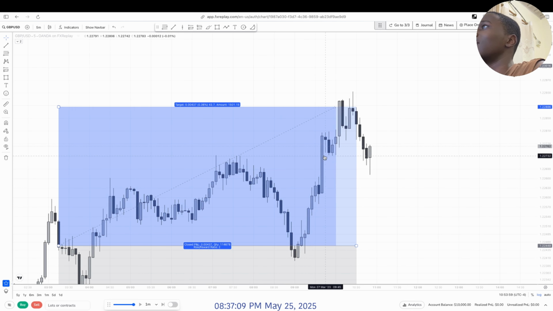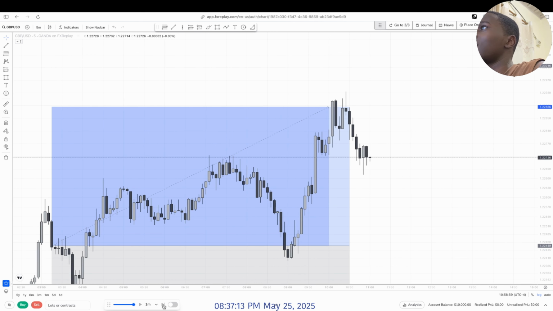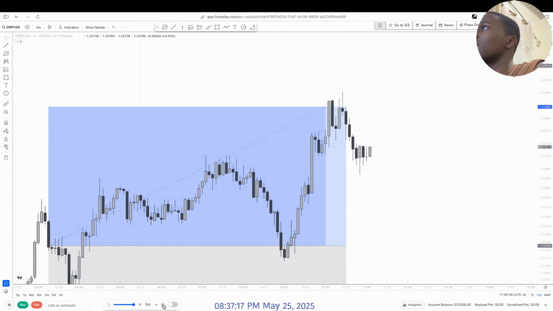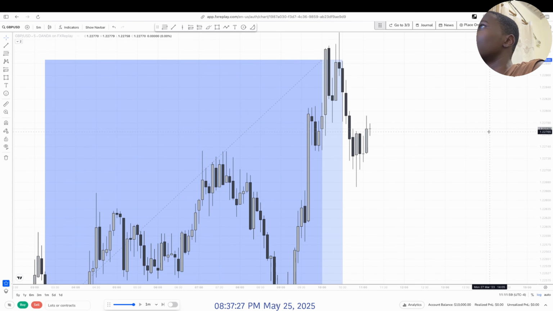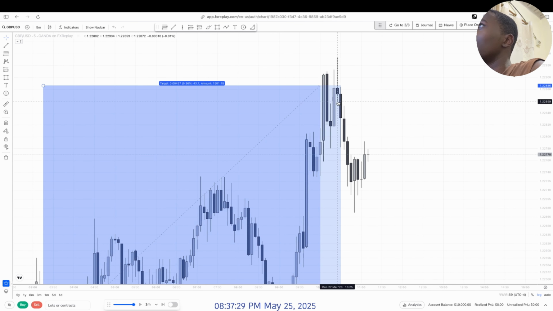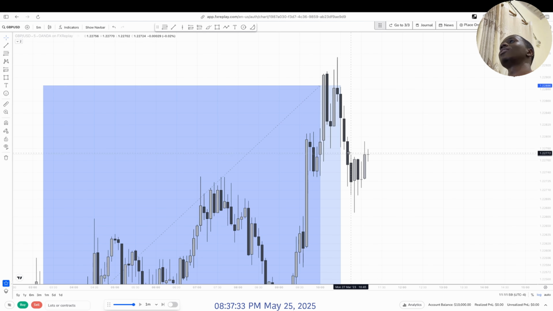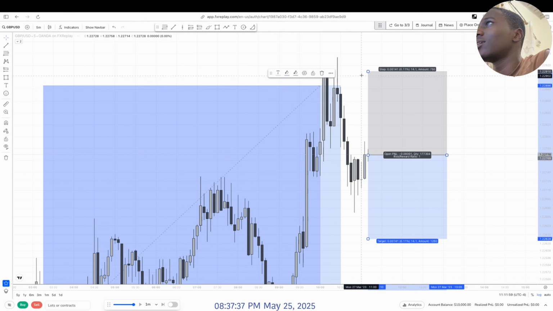So we'll test a gap right here. There's this gap here which wasn't retested, but there is also this one. So let's see, does this one get respected so that we can take a sell trade here.